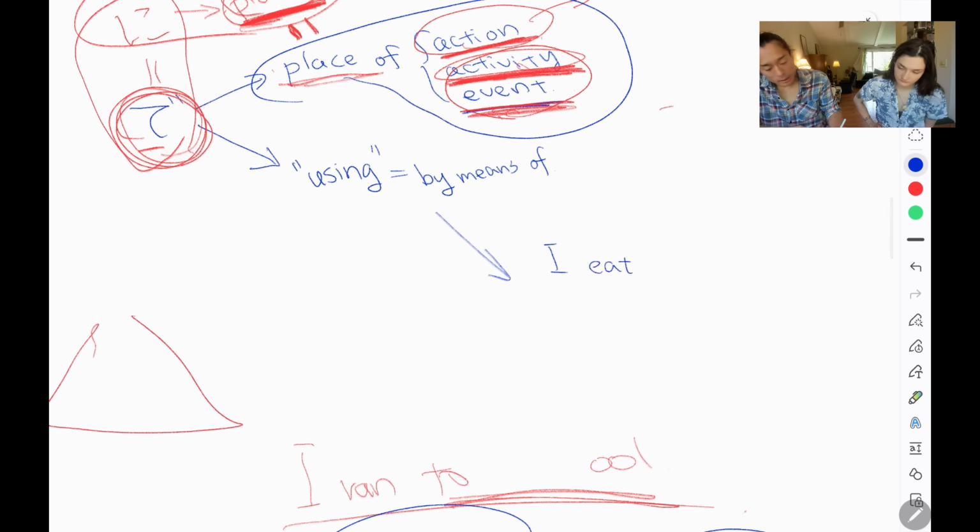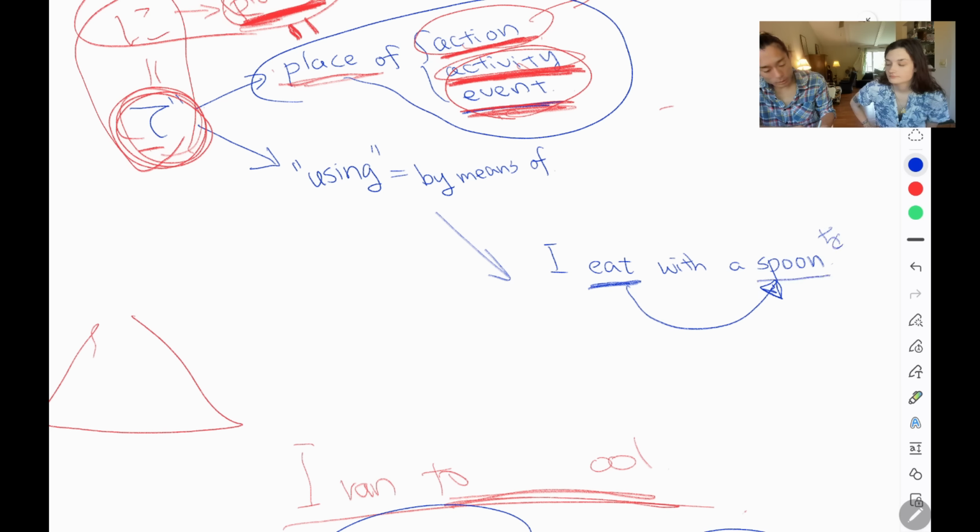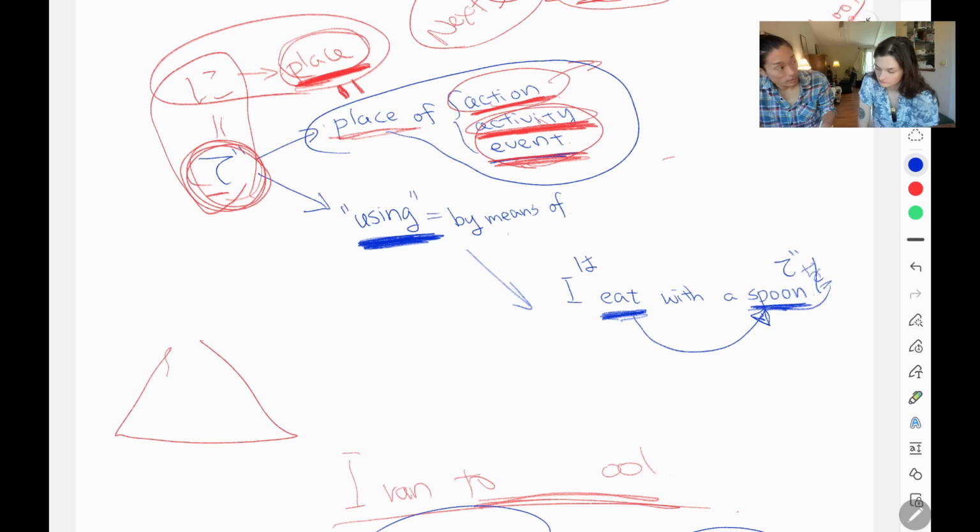I eat with a spoon. We can't put o, right? If I put o after spoon, what would it mean? You're eating the spoon. Right? If you make spoon the object, then you're eating the spoon. But to mean I eat with a spoon, we use de here. By saying spoon de, you would mean in this context, using spoon, I eat.